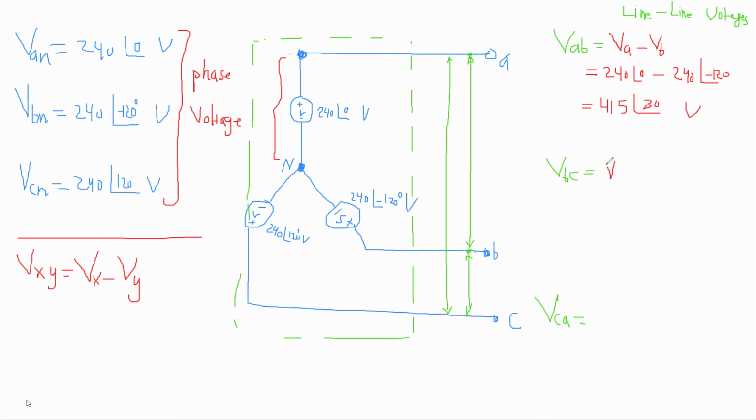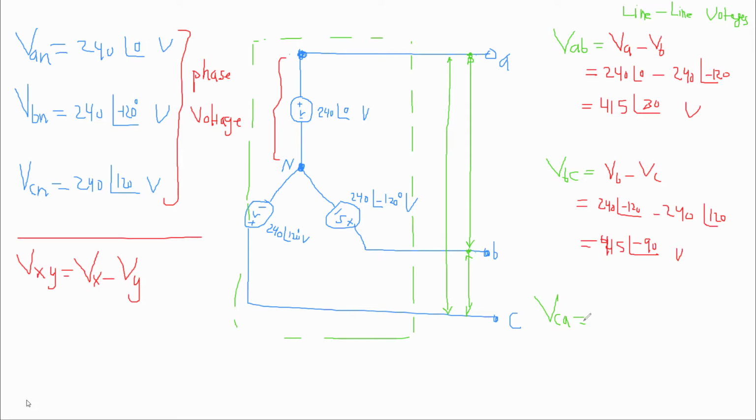It's VB minus VC. So 240 angle minus 120 minus 240 angle 120 will give me 415 and angle minus 90.